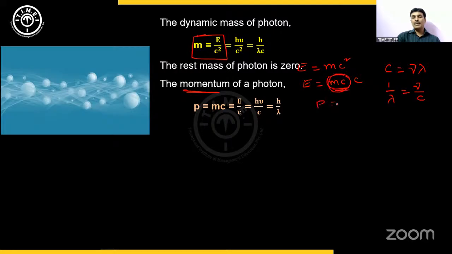So momentum is E by c, where E is h nu. Now again, nu by c you can write as 1 by lambda. So that's why p becomes equal to h by lambda, or lambda is h by p.